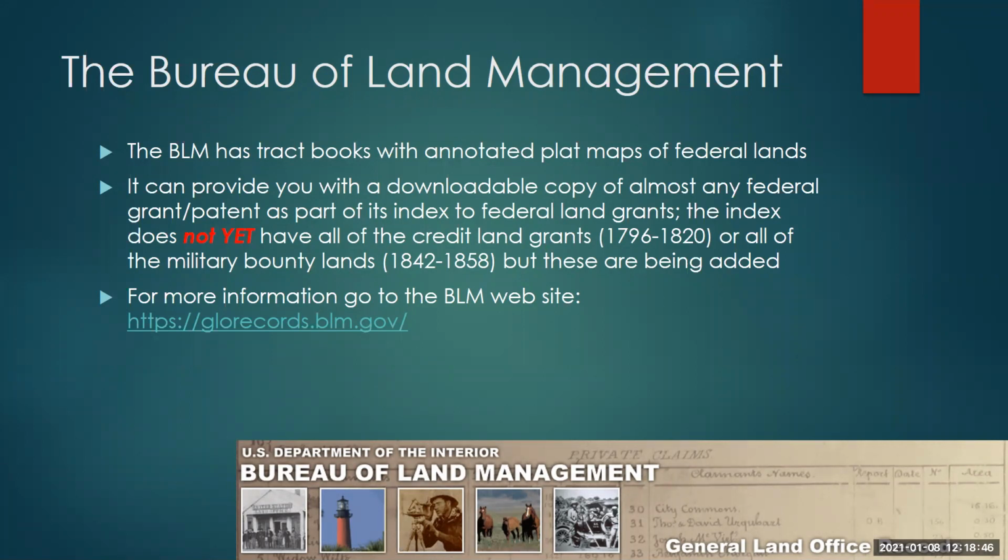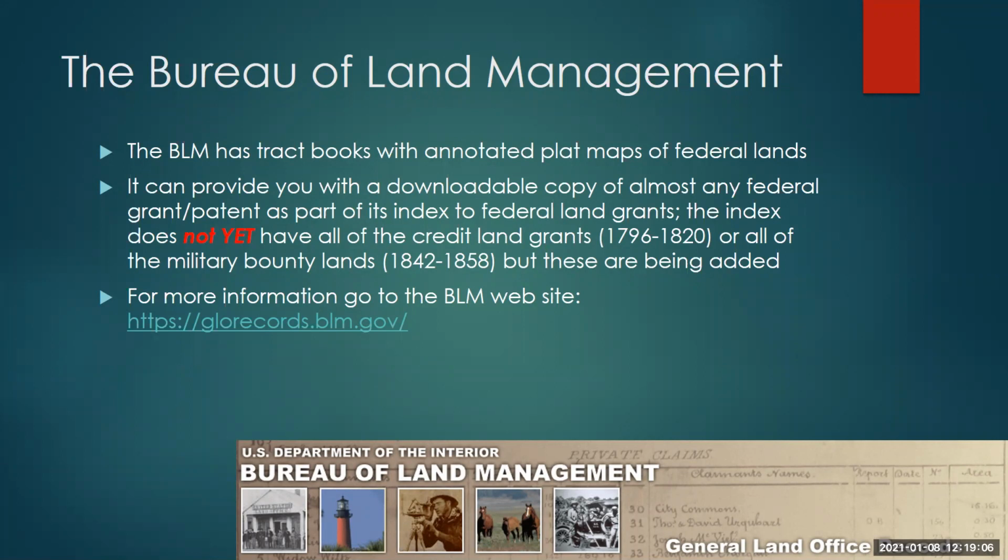They have a complete set of the tract books. They also have plat maps where they've made notes over the years. You can contact the Bureau of Land Management and you can ask them to send you all the records on your ancestors' federal land.